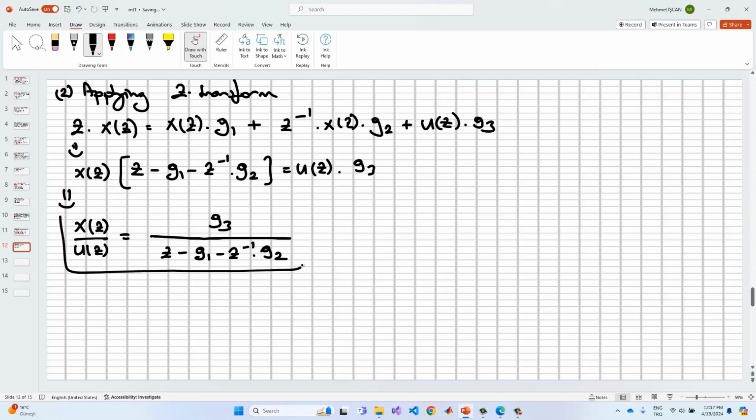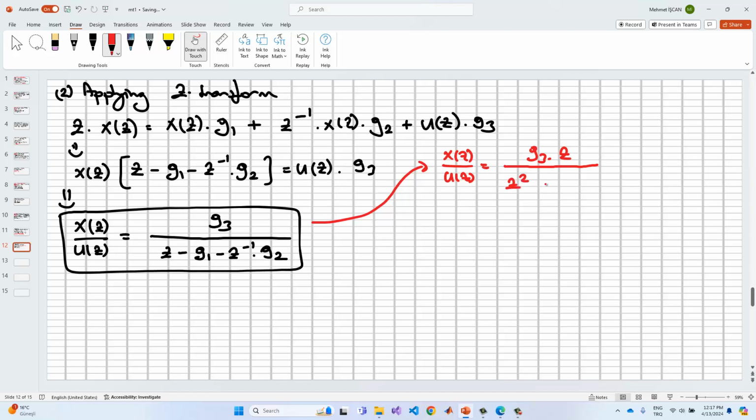Okay, this is the pulse transfer function, but we can write this equation in this form: X(z) over U(z) equals g3 z over z square minus g1 z minus g2. In this case, we multiplied this equation with z and divided by z. Mathematically, it cannot change anything in the equation.